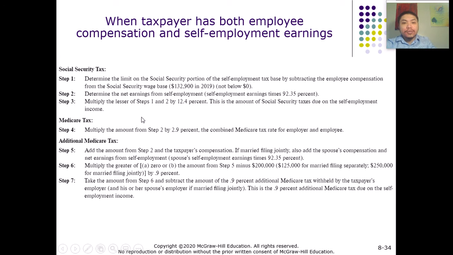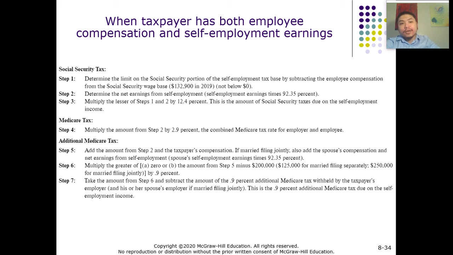In step three, we multiply the lesser of step one or step two by 12.4%.